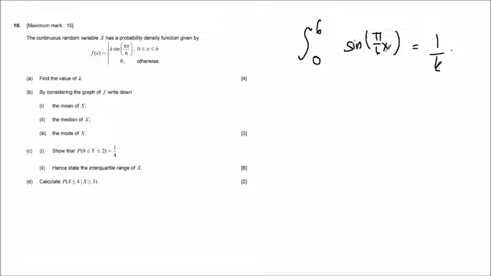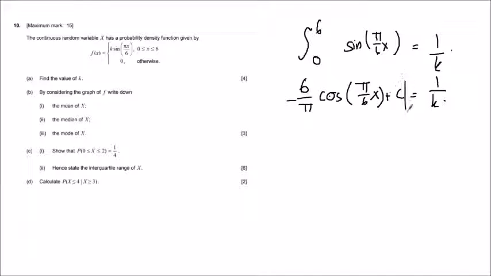So what will this give me? Sine of pi over 6 x. First of all, I actually have to put everything over 1 over 6, so it will be 6 over pi. So our integral will be minus 6 over pi cosine of pi over 6 x, and this is 1 over k, right?